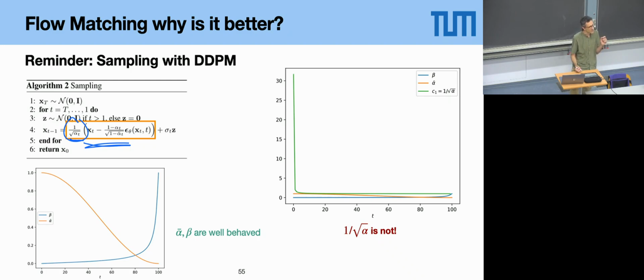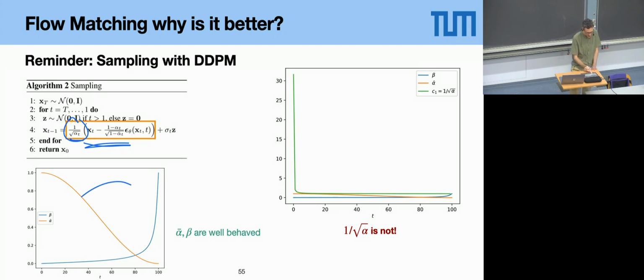So if your alpha t here is very small, meaning the beta was close to 1, which is actually the case here in these later steps, then 1 over something tiny will potentially be pretty large.